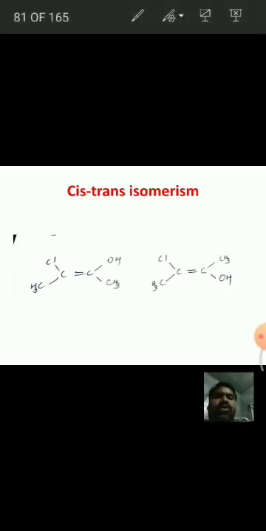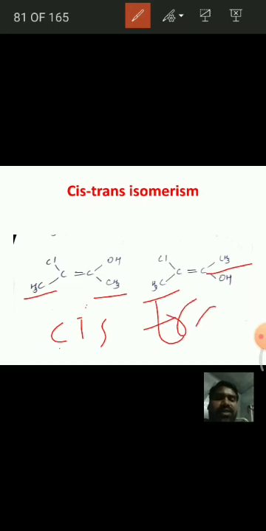Next, in this type of molecule, on the two sp2 carbons the methyl groups are common. That means with respect to the methyl group, we can assign cis-trans. The methyl group is on the same side, hence cis molecule. The methyl group is on opposite sides, hence it is trans molecule.